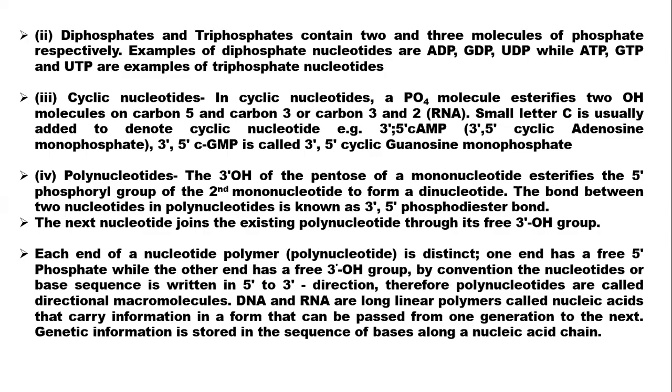So by convention, the base sequence is written in the 5' to 3' direction. So polynucleotides are called directional molecules. DNA and RNA are long linear polymers called nucleic acids that carry information in a form that can be passed from one generation to the next. So genetic information is stored in the sequence of bases along a nucleic acid chain.